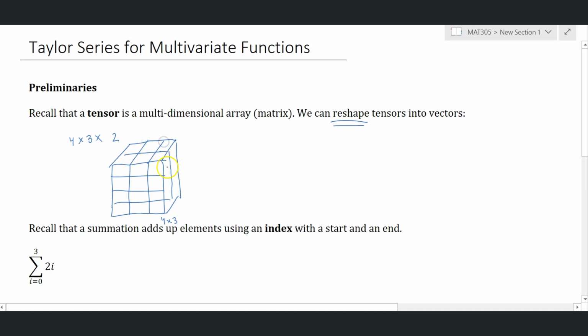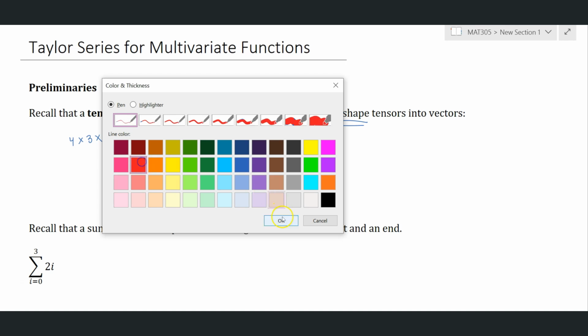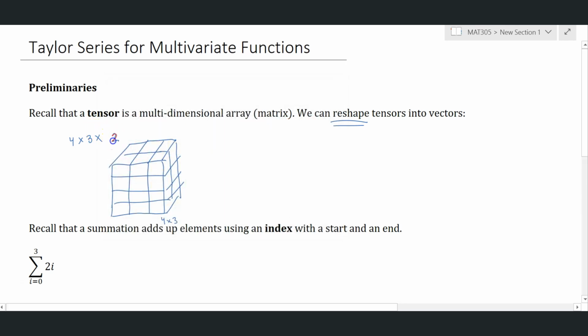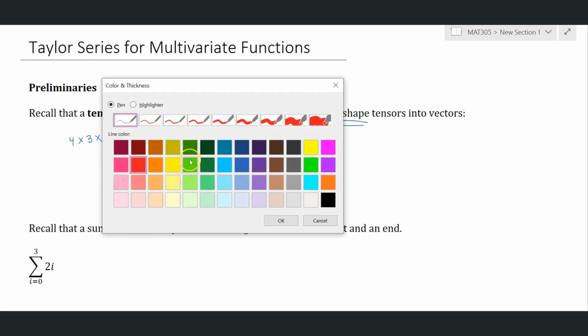Let me draw this so that you can see what I'm talking about. Notice that we have 2 layers going back in the rear direction. So here's our 2, and that 2 is this dimension here. There are 2 layers, and each of those layers is a 4 by 3.